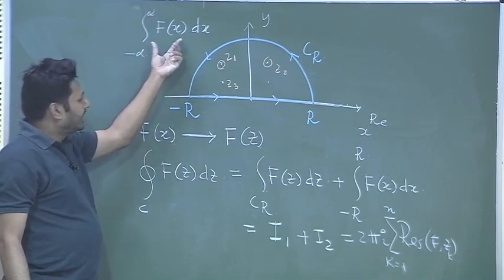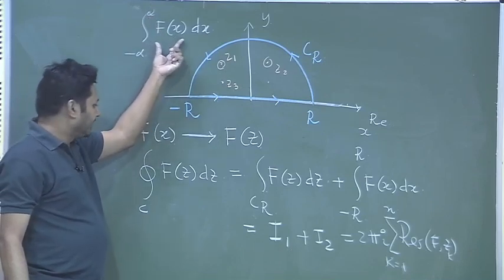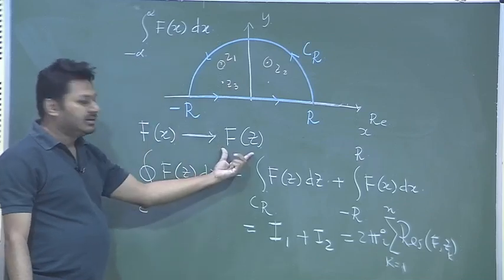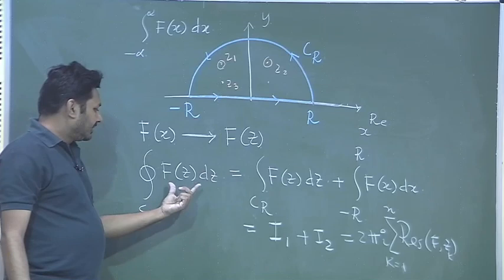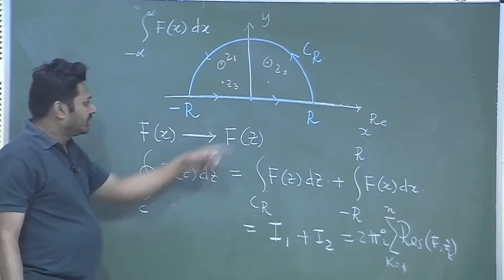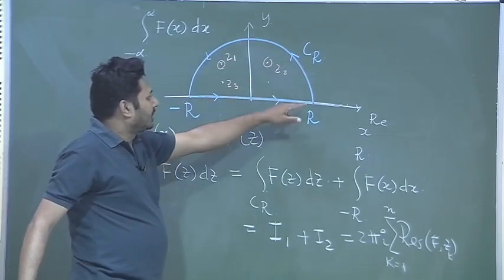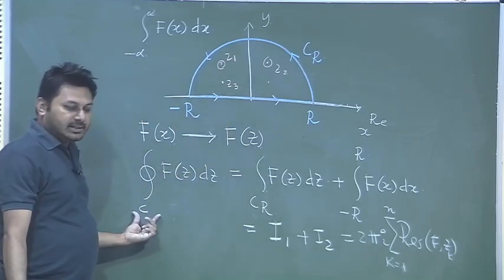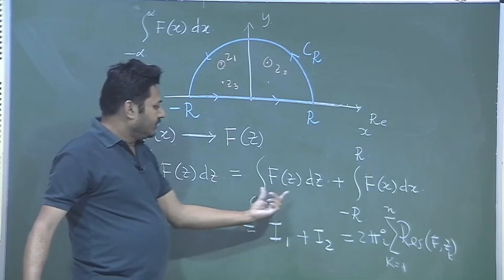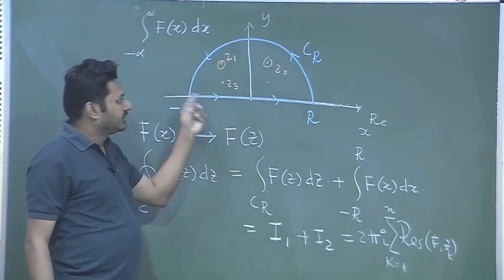Then what we will do is change this f(x) to f(z), my complex function. Then I integrate this complex function over this blue closed curve, which I call C. It will be divided into two parts.